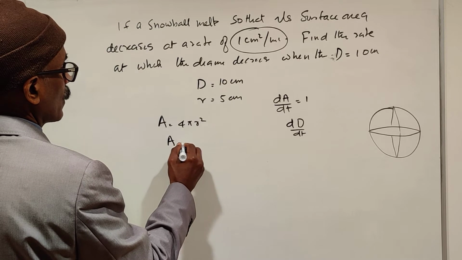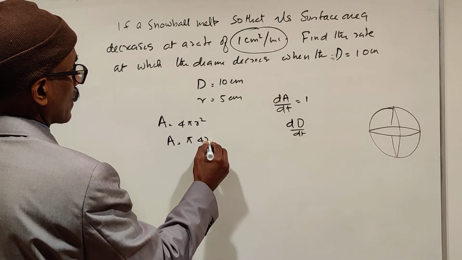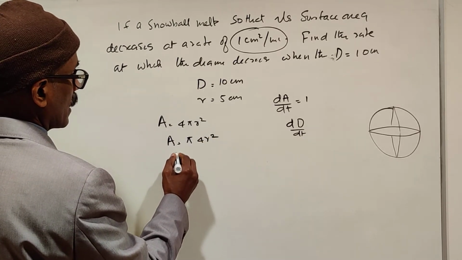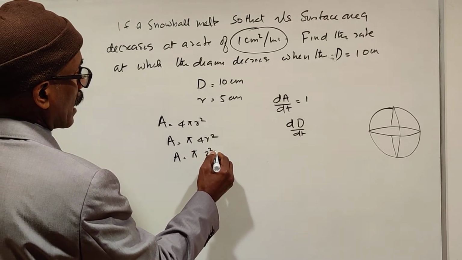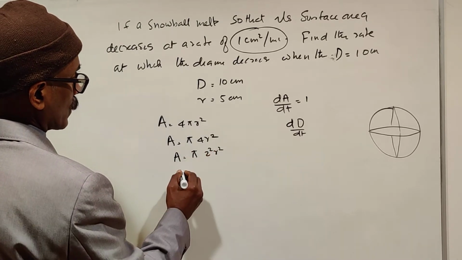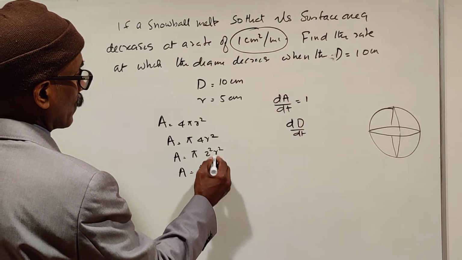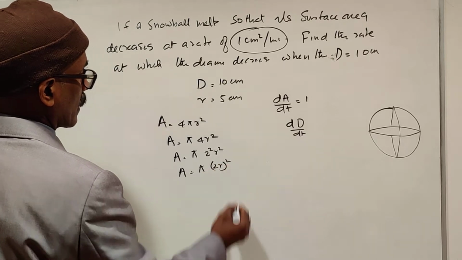A is equal to, so I am going to change this 4 pi r square. That is A is equal to pi into 4, what is 4? 2 square r square, right? So A is equal to pi into 2r the whole square, right?